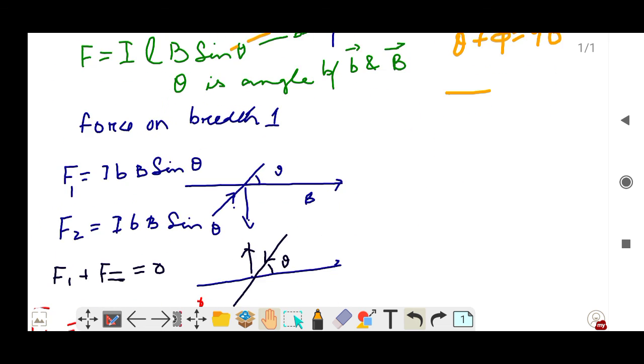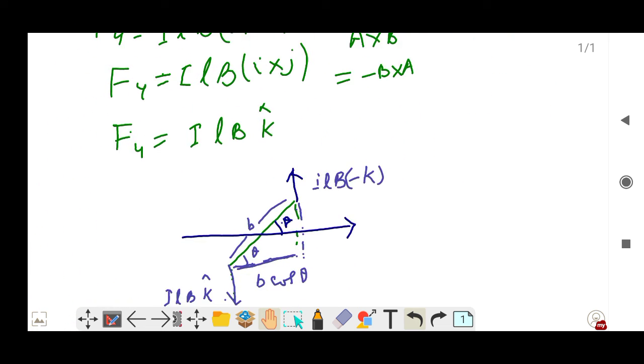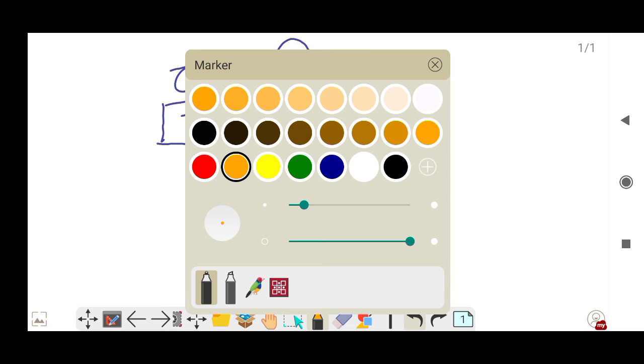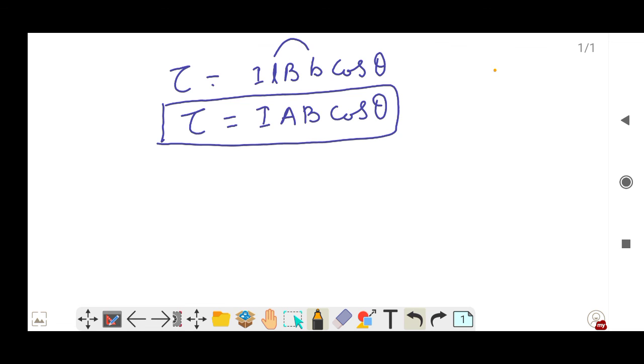So I'll go back to the expression which I have written. I'll write the torque therefore. I'm keeping the same color so as to show that you have taken theta from that. You can write torque is equal to I A B cos theta, because you know that theta plus phi is equal to 90.